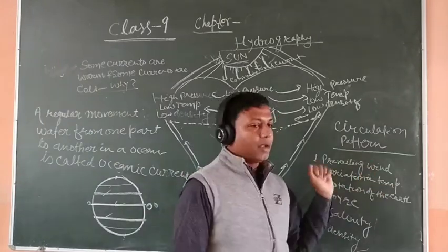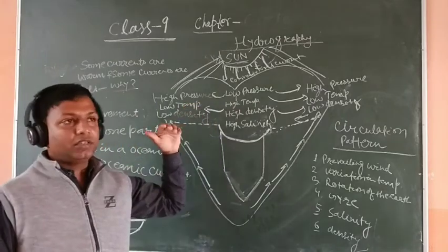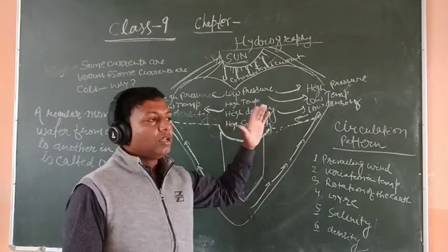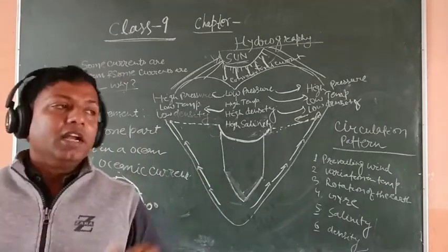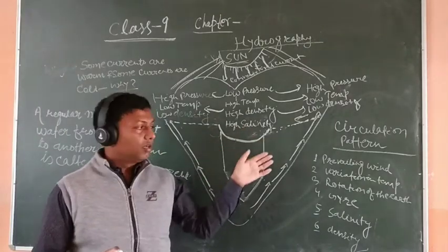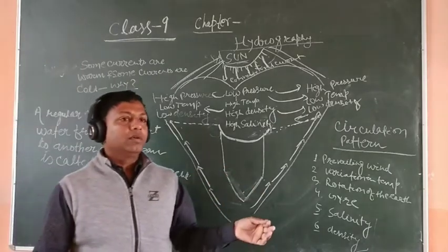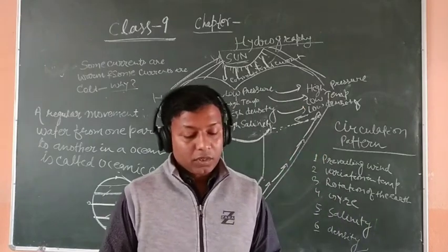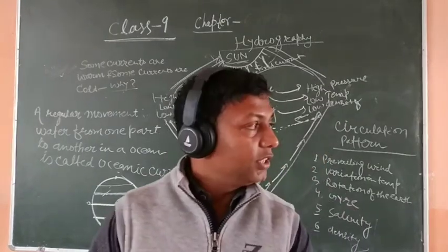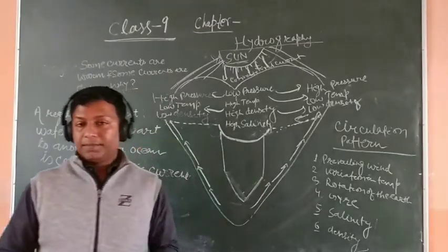Now, variation in temperature. As you know, there is a variation of temperature in the tropical region, subtropical region and frigid region. With this variation, the temperature of the ocean varies from cold to warm. So this is variation in sea temperature. Now, rotation of the earth.